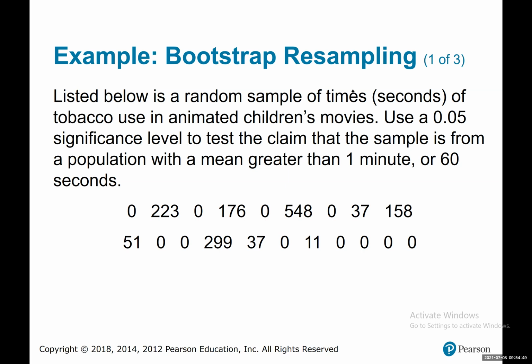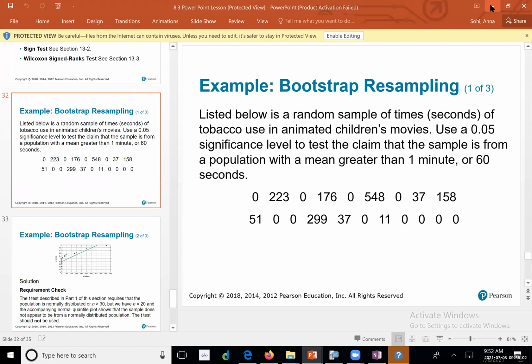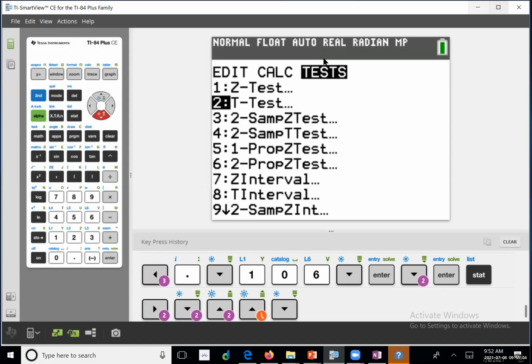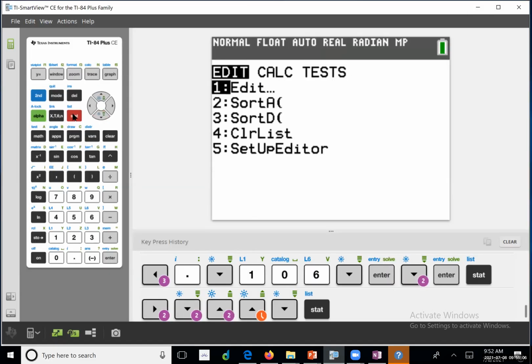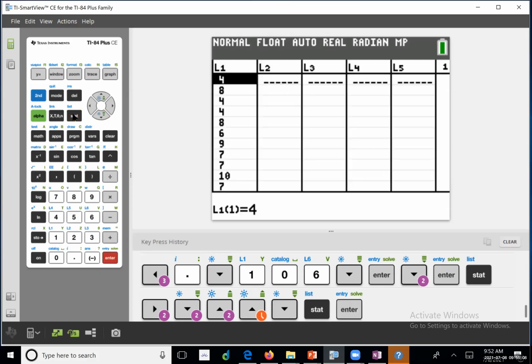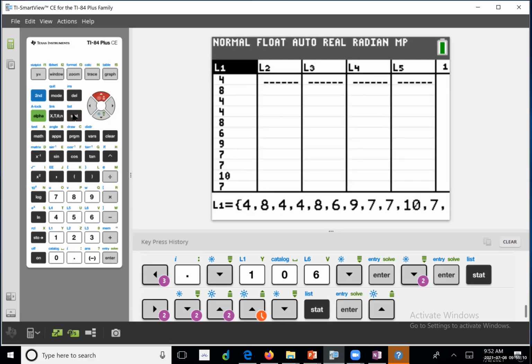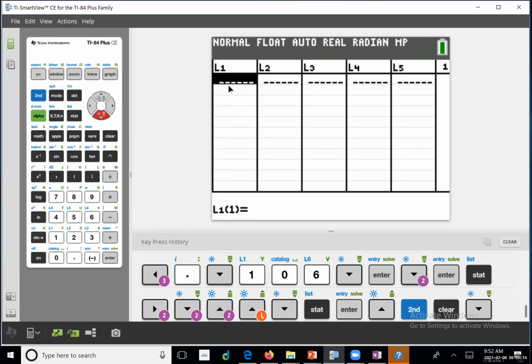Let's see who is right. I don't have the answer in front of me. So you put everything in L1. So let's go do it one more time. So you go to stat, you go to L1, you go to second, clear down.